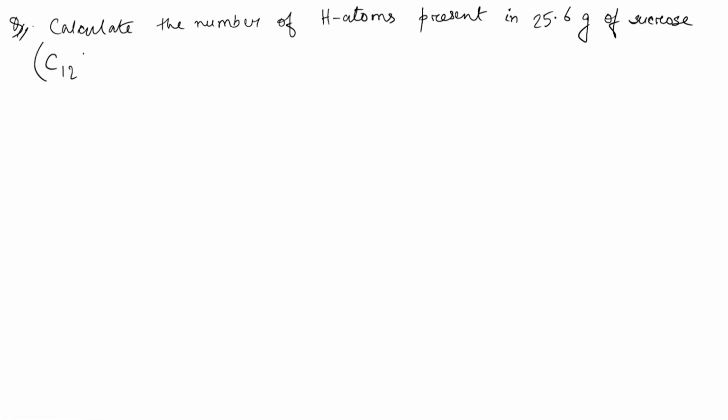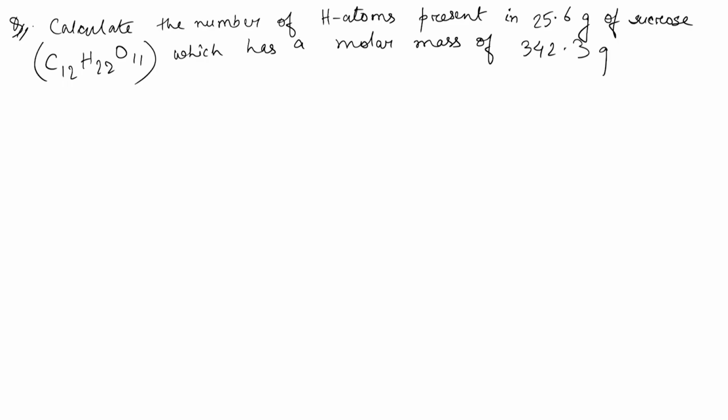Sucrose is C12H22O11, which has a molar mass of 342.3 grams. Okay. So, calculate the number of hydrogen atoms present in 25.6 grams of sucrose, which has a molar mass of this.